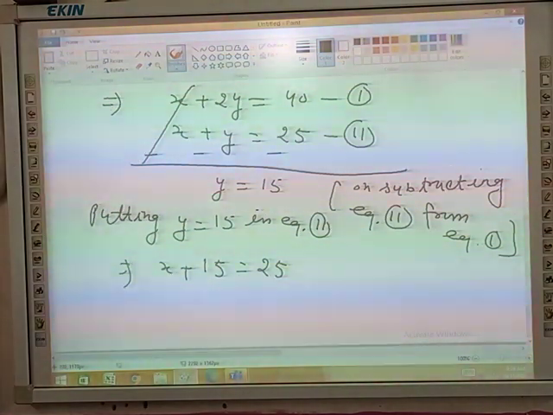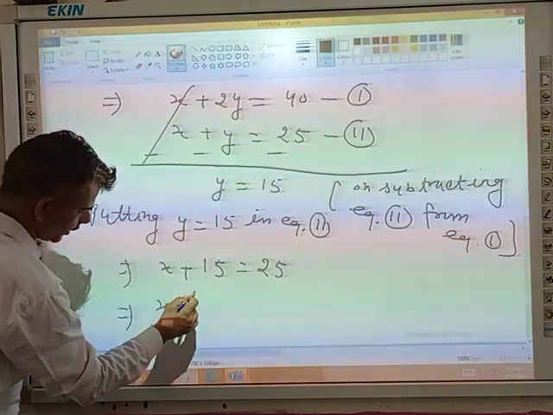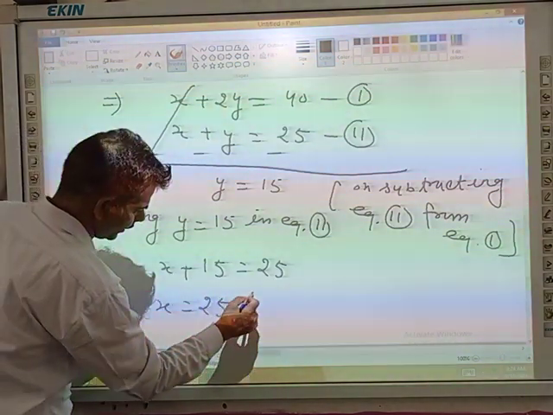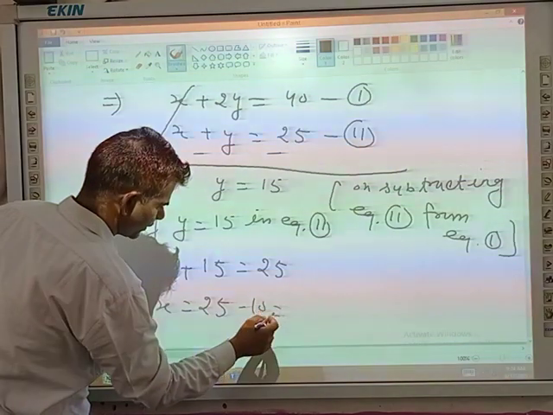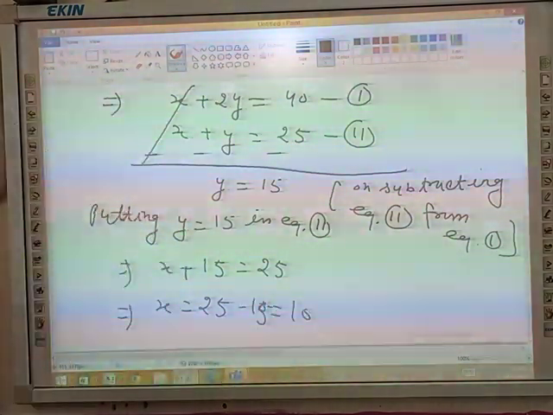Now student, x becomes 10, 25 minus 15, that is 10. So student, 50 rupees notes are 10 and 100 rupees notes are 15.